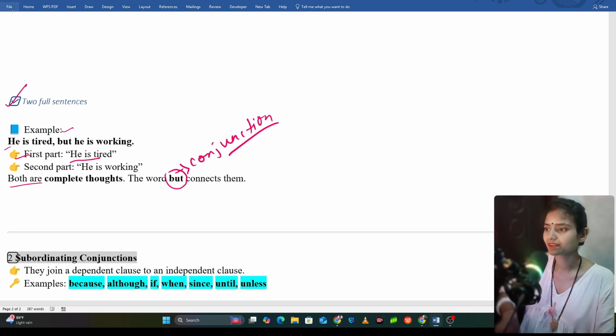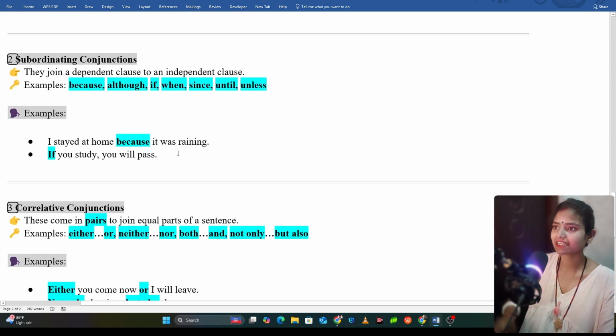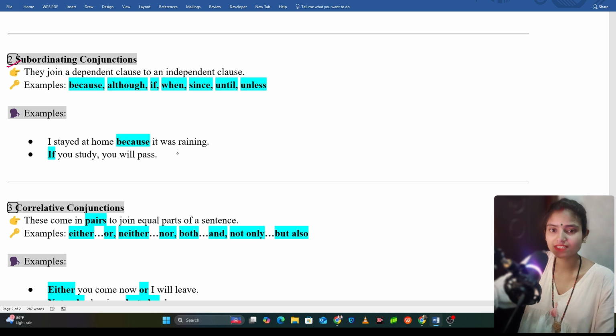All right. Now next we'll see the second type of conjunction, that is subordinating conjunction. Okay, subordinating conjunctions. What is the second point? Second type of conjunction, that is subordinating conjunction. All right, now see, they join a dependent clause to an independent clause.